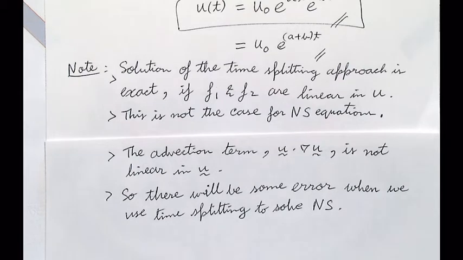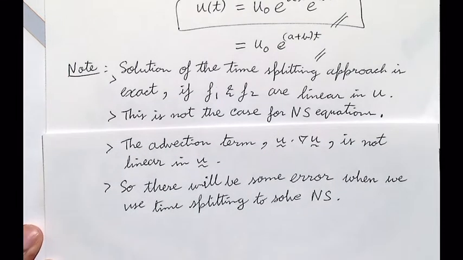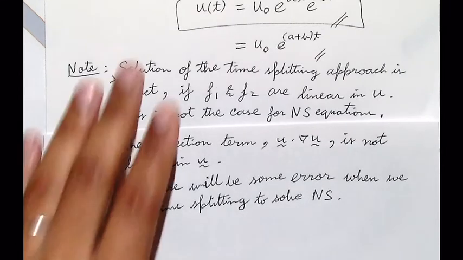Is everything okay up until now? Everything makes sense conceptually? You understand what time splitting means? Perfect. It's a very simple concept, but a very, very important one. There are several techniques you can use for splitting.